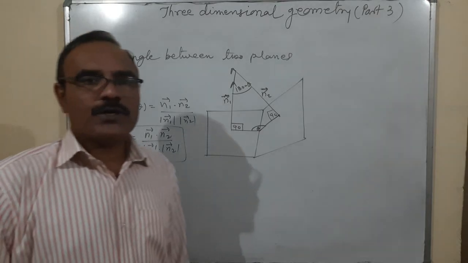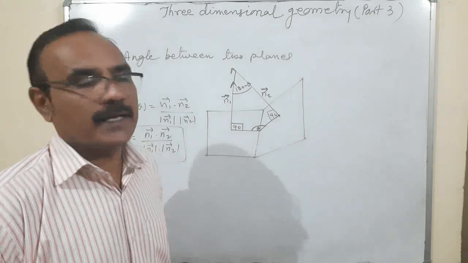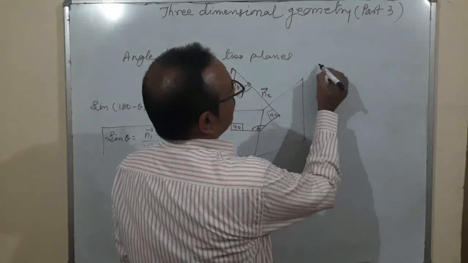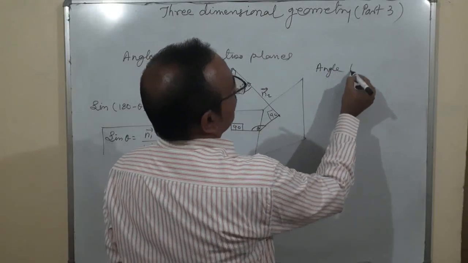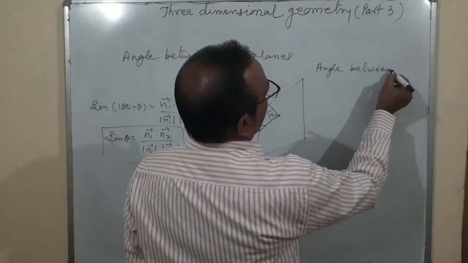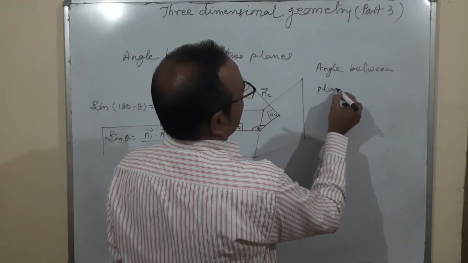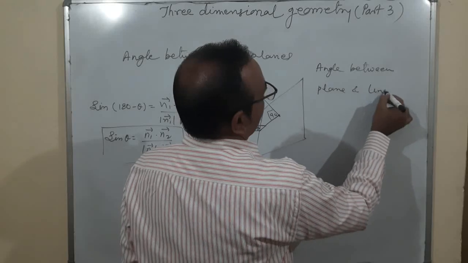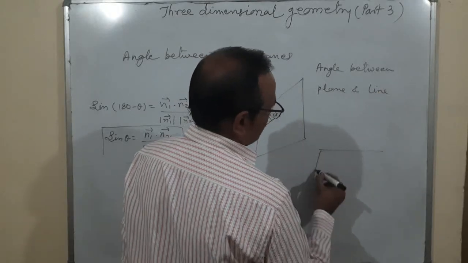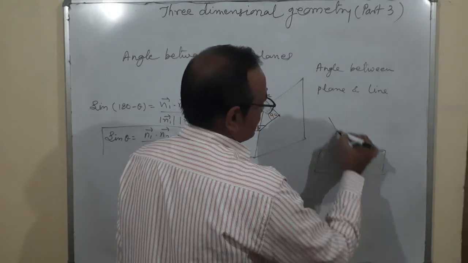But if we are going to find the angle between a plane and a line: this is the plane and suppose it is the line.